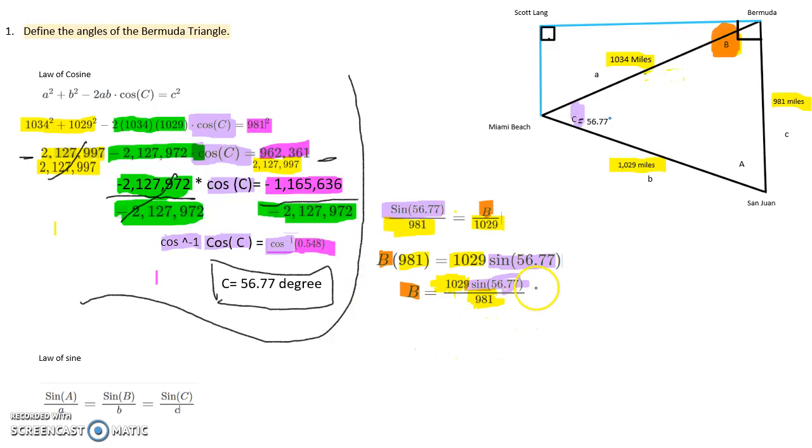After that, plug all this into the calculator. And the final answer is... Also, due to my mistake, as you can see here, my equation is supposed to have sine in front of b, so we add sine on every b, which will be here.